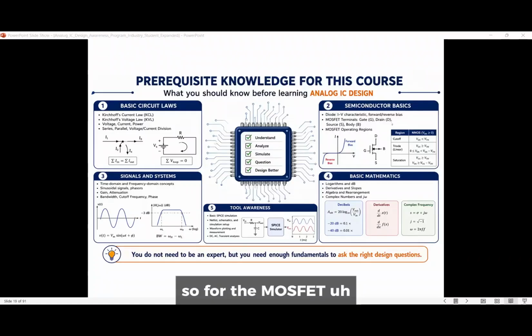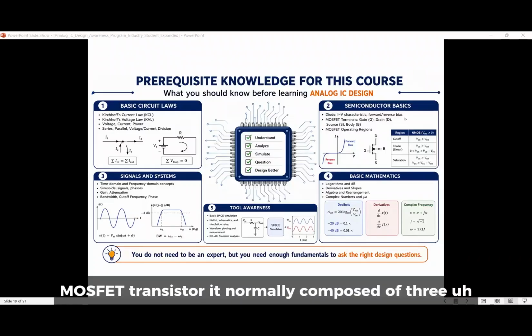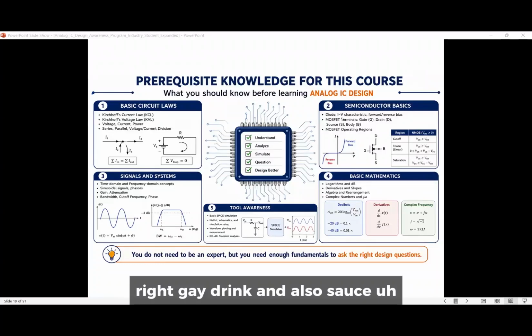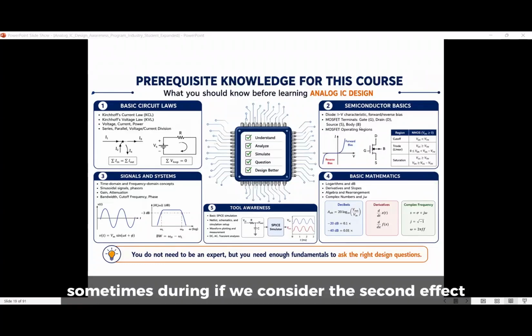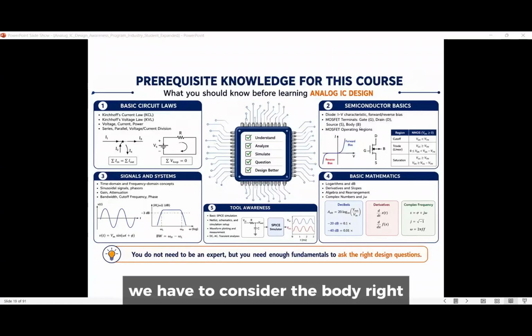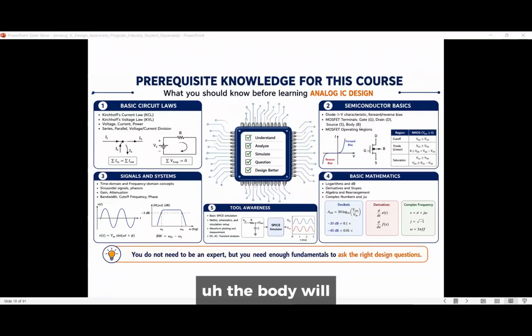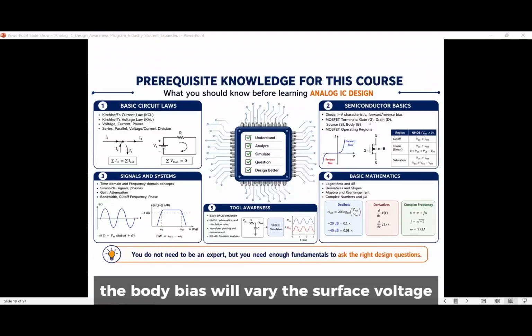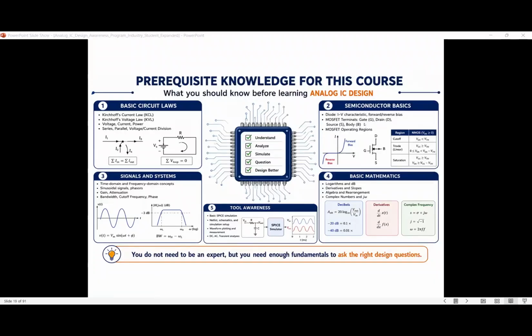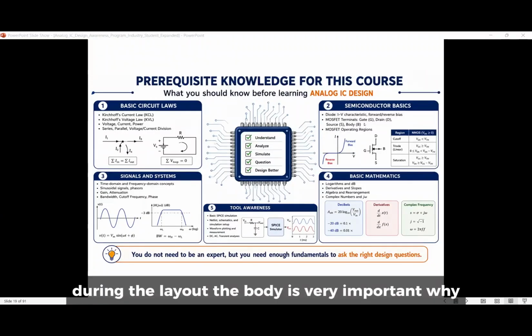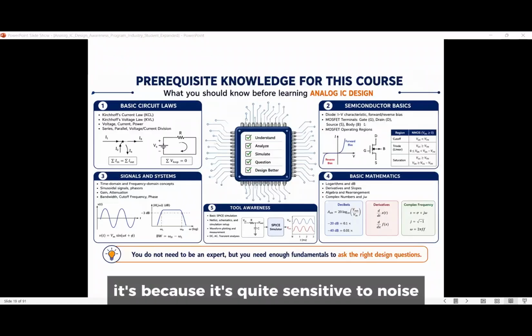The MOSFET transistor is normally composed of three nodes: gate, drain, and source. If we consider the second effect, we also have to consider the body. The body bias varies the threshold voltage through the body effect. During layout, the body is very important because it is quite sensitive to noise and interference.